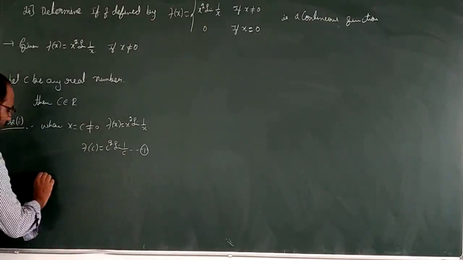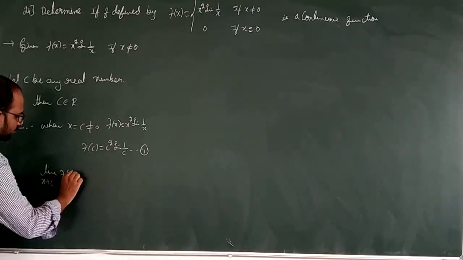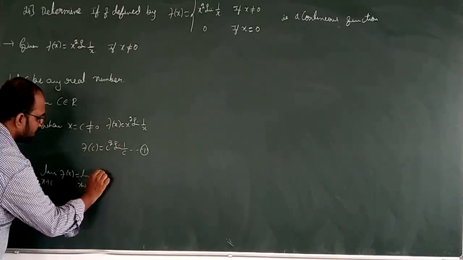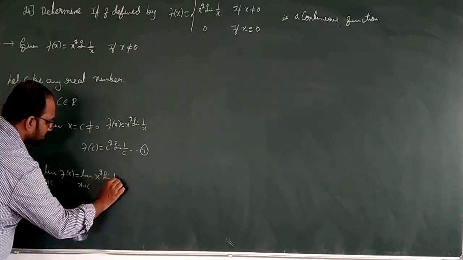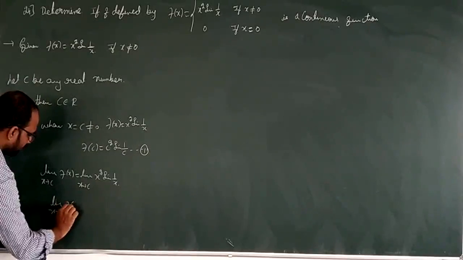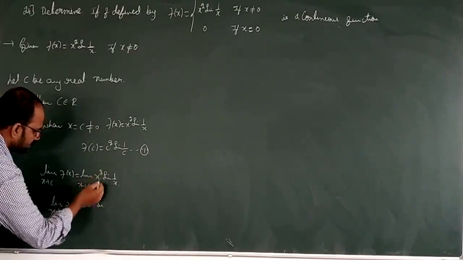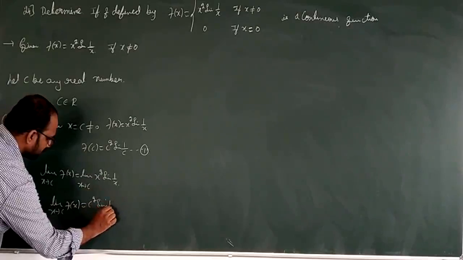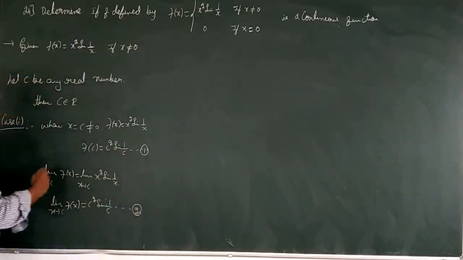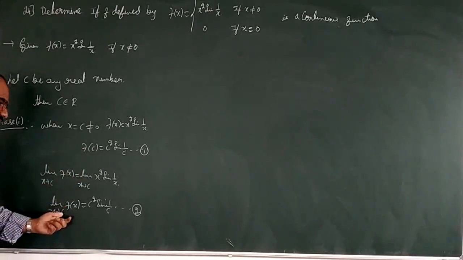Then limit x tends to c f of x is equal to limit x tends to c x square sin of 1 by x, that is, c square sin of 1 by c. This is called equation 2. This is equation 1, this is equation 2. f of c is equal to limit x tends to c f of x.